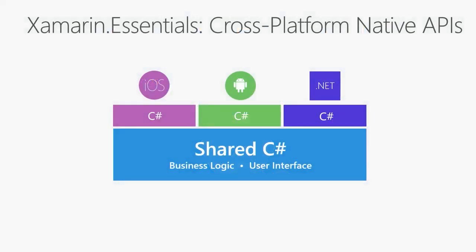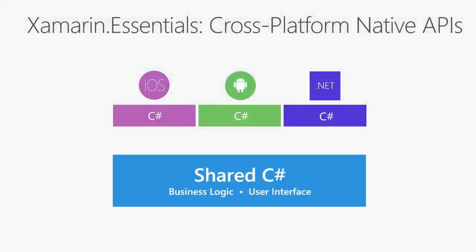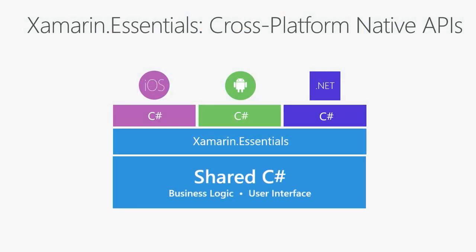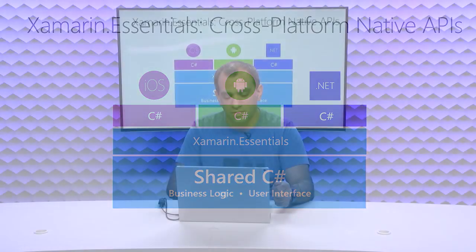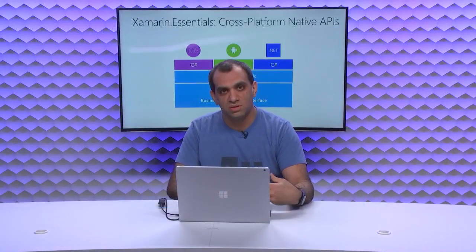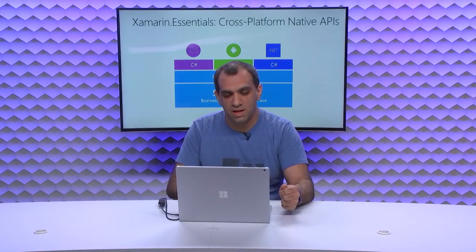So where does that fit into this diagram? Well, it slots right in. Your shared C# code just talks to Xamarin Essentials, and it has really friendly APIs for talking to all those sensors and pieces of functionality that your devices have.